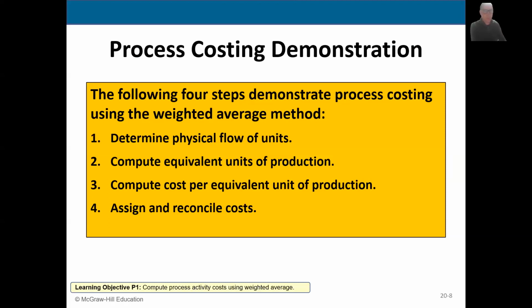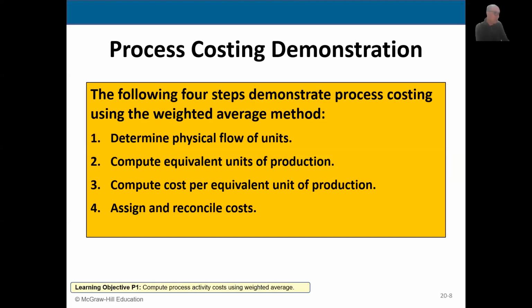The third step to calculating the weighted average is to compute the cost per equivalent unit of production. Now you can already see why equivalent units of production is a challenge for most students, because there are really 2 components to it.